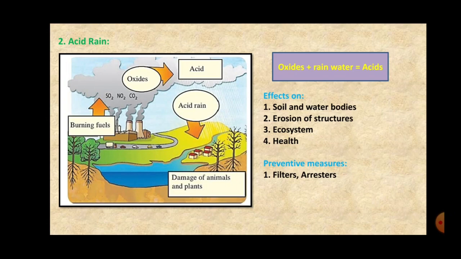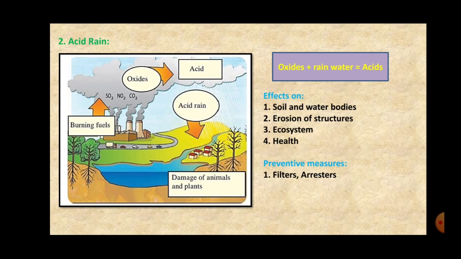Before going to preventive measures, I want to tell you one more effect of acid rain. When this acid rainwater falls on the water bodies and pipes, the leaching of metal and plastic materials takes place, and thus it can cause very serious health issues.